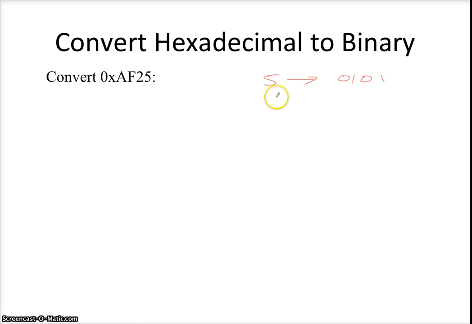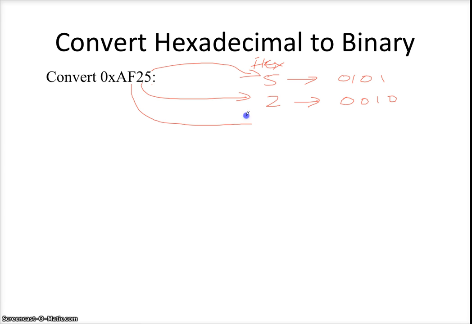And then 2 in binary, this is decimal, this is hexadecimal, hex. 2 in binary is equal to 0010. So this is the 5, okay? And this is the 2.